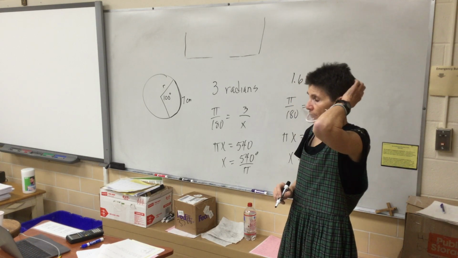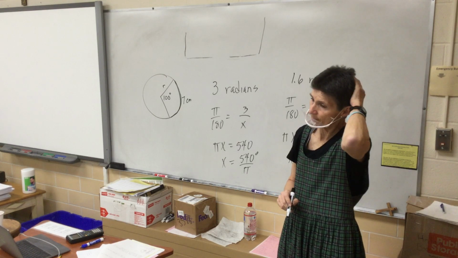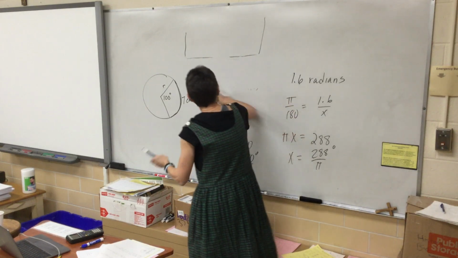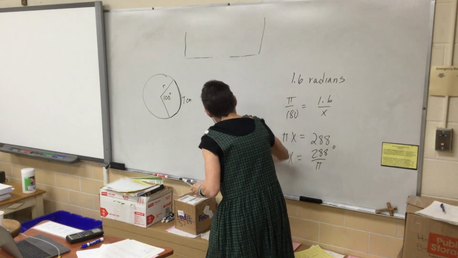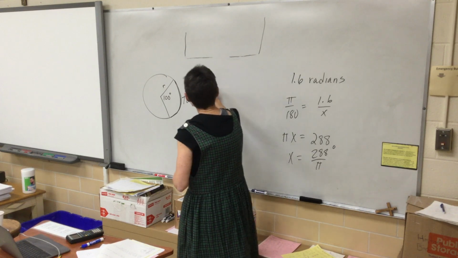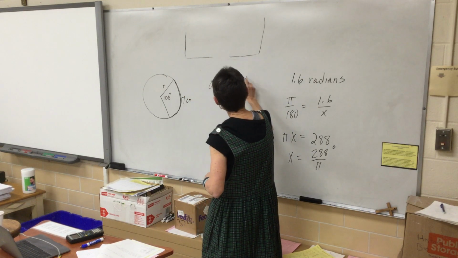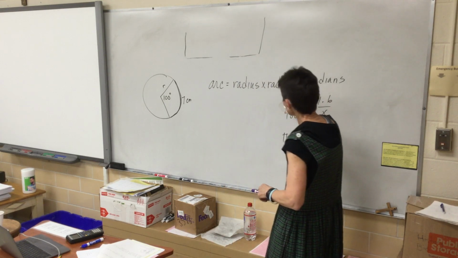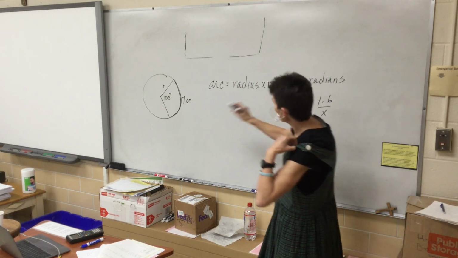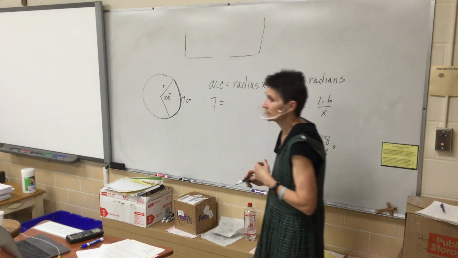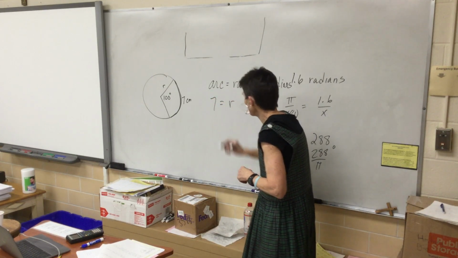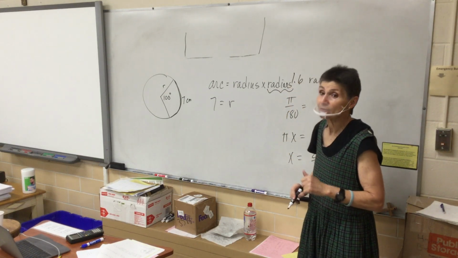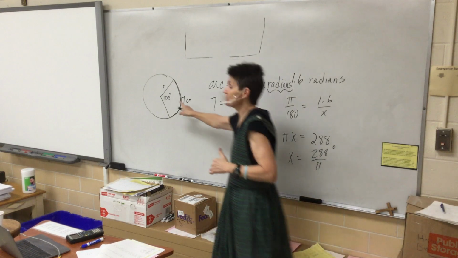Now there are a couple of ways that we can do this. If you remember earlier, I had you write down that arc length equals radius times radians. And I know my arc length is 7. I have no idea what my radius is. And I don't have the radian measure of the angle, but I do have an angle.